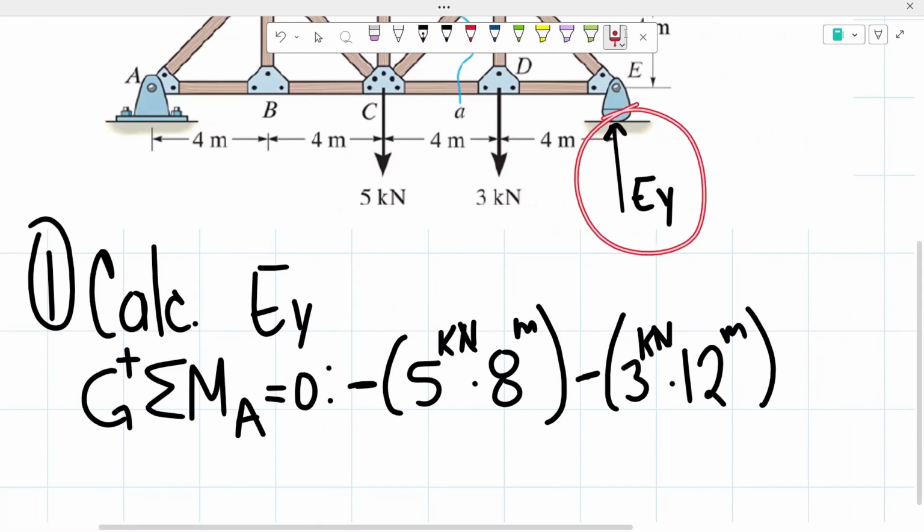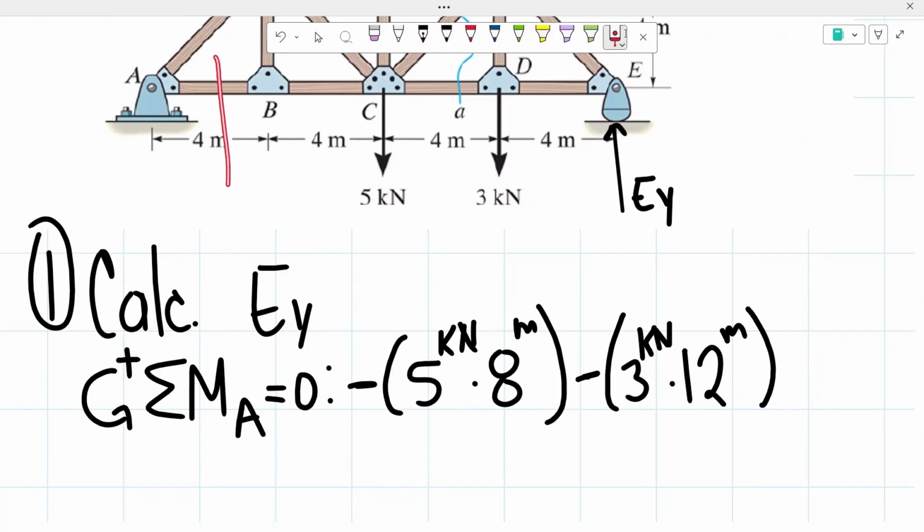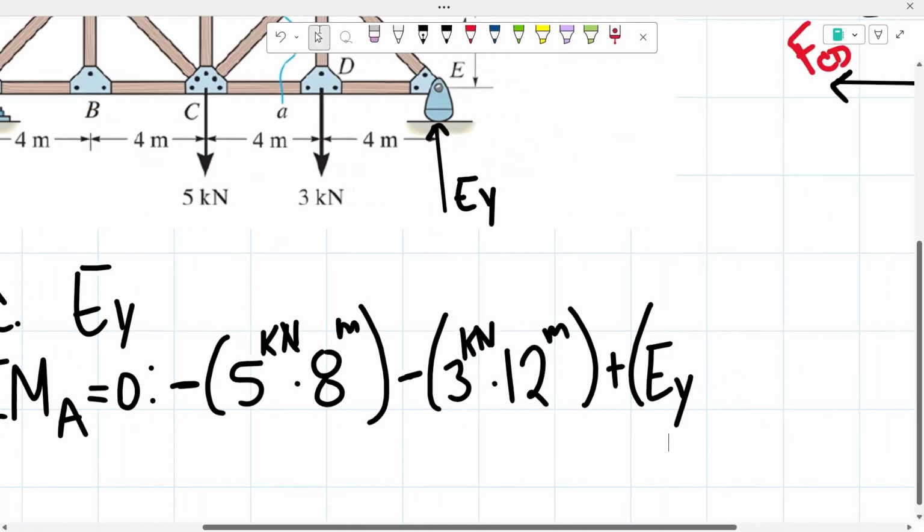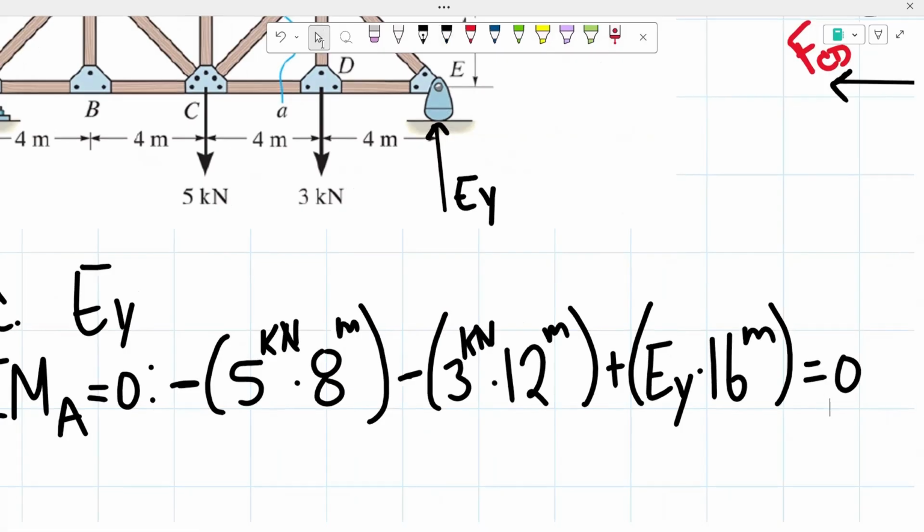I assume that it's going to be acting upwards. So since it's upwards to the right, we know it's going to be creating that counterclockwise moment, meaning a positive moment. So a positive moment of our force, which is what we're trying to determine: E sub y times the distance. We know that from here to here, we have a distance of 16 meters. So times 16 meters. We know that all of that has to equal 0.